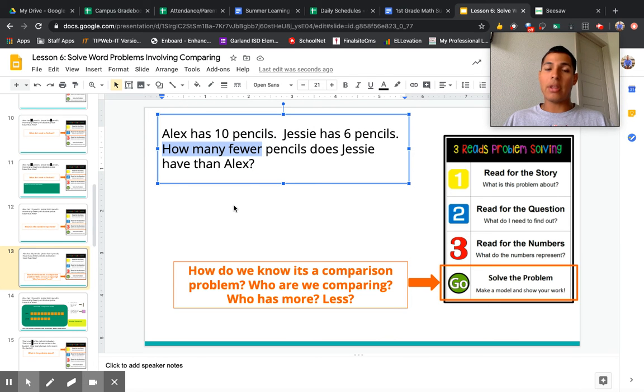We're comparing these two. It wants us to compare how many fewer she has. Okay? Who are we comparing? Comparing Alex and Jesse, right? And we need to see who has more. We know Alex has more, right? Alex has 10. Jesse has 6. So who has more? Alex. Who has less? Jesse.